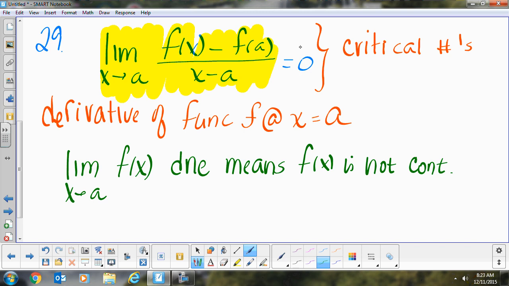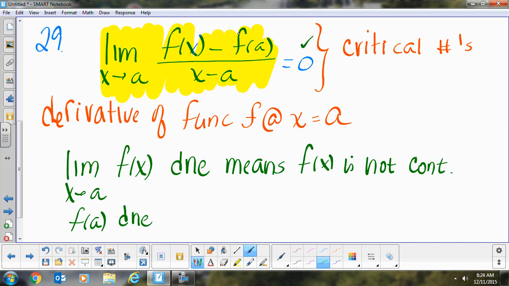Does the derivative exist at a if it equals 0? Yes. So is it possible for it not to be continuous? No. So we know A is wrong. So now they're saying f of a does not exist.